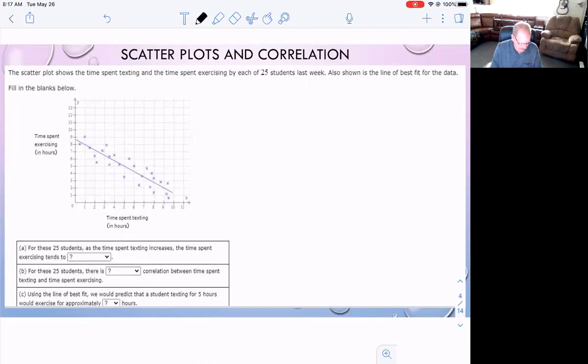As the time spent texting increases, the time spent exercising tends to, and this is texting on X, exercising on Y. So as X increases, Y decreases. Okay, that would be a negative correlation.